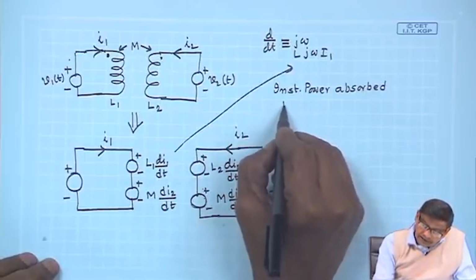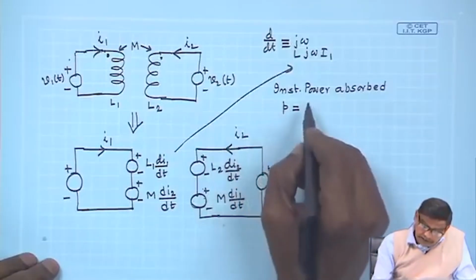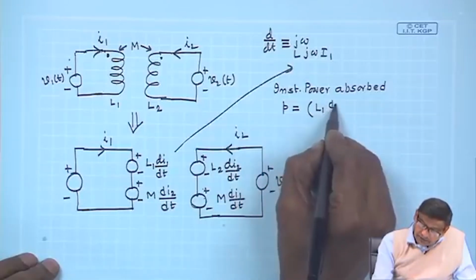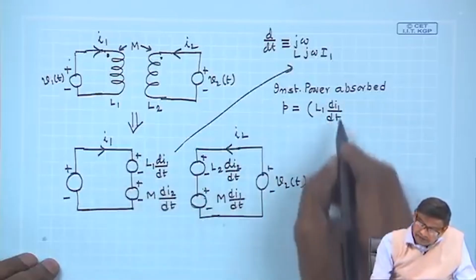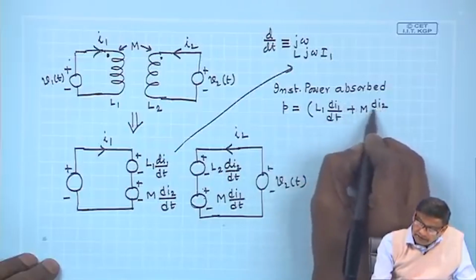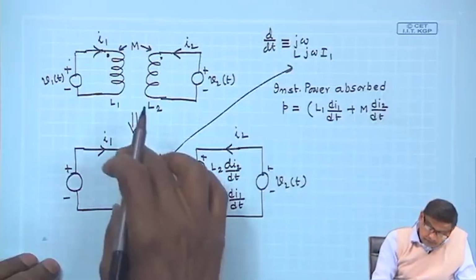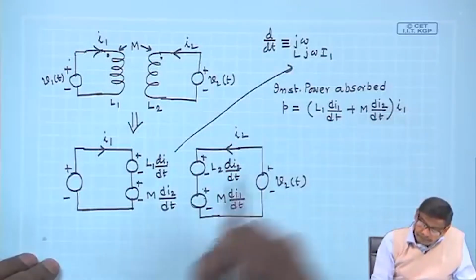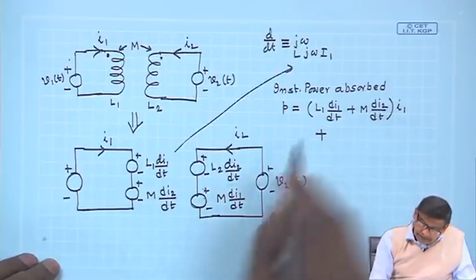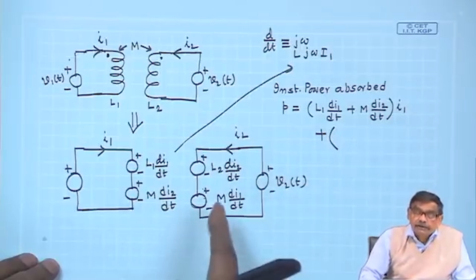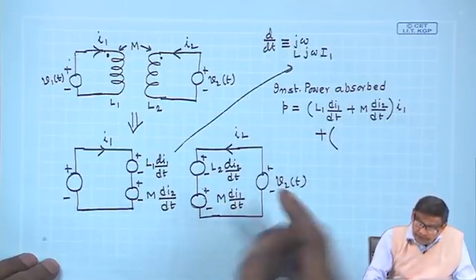So we write instantaneous power will be then voltage across this coil, first coil, L1 dI1/dt plus M dI2/dt. This is the voltage between these 2 points into I1. But this fellow also absorbs power. So, I have to also consider this coil, how much power it is absorbing.